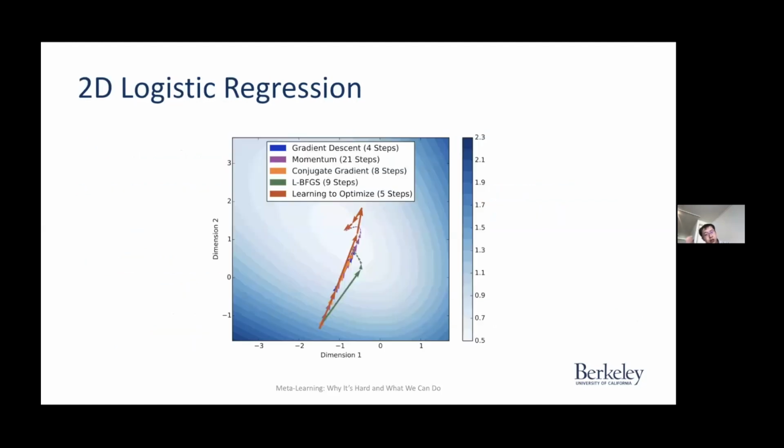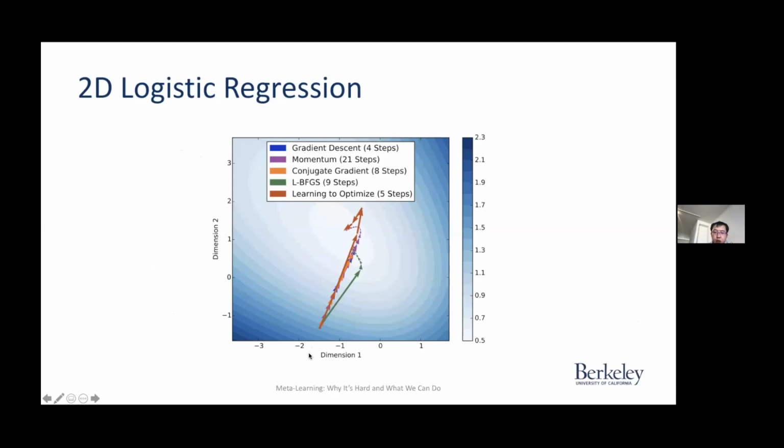So first, let's take a look at a simple setting. This is a simple two-dimensional logistic regression problem. So it's convex, and this is just visualizing the trajectory that it's able to find. We trained the optimization algorithms on, I believe, 100 different logistic regression problems.